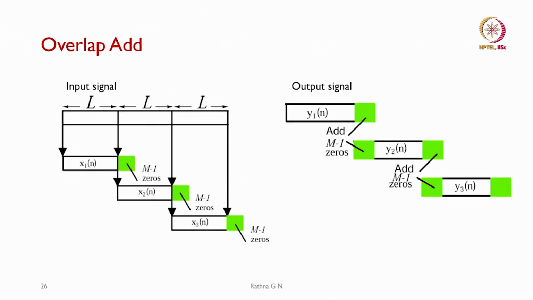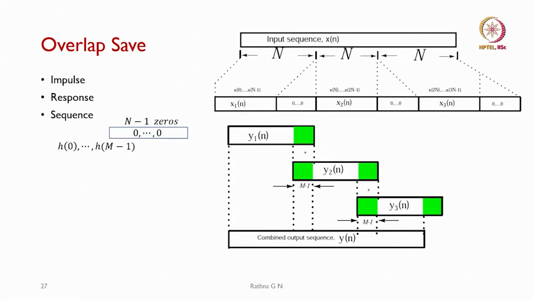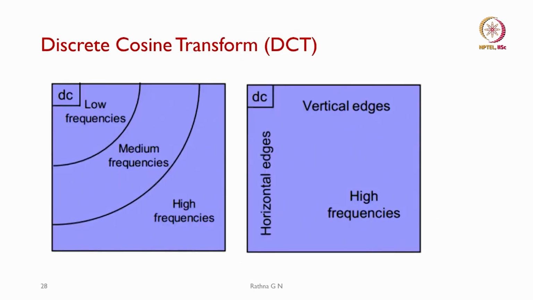Later, for a lengthy signal, we saw how to use the overlap add and overlap save methods to implement the same using our FFT. Then we went on to discuss the discrete cosine transform, a little on image processing.